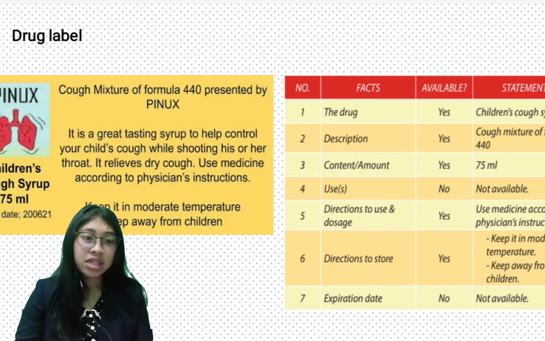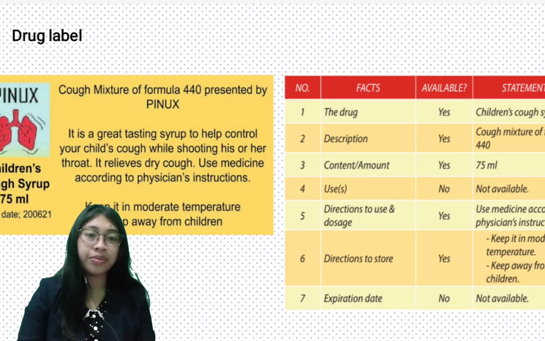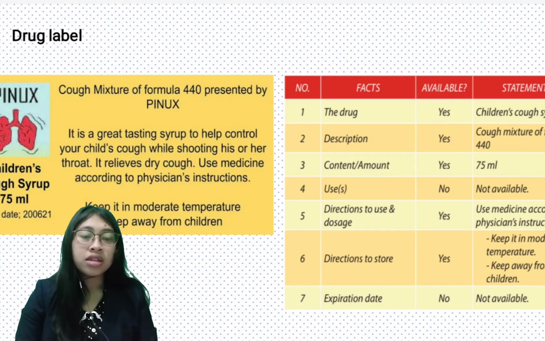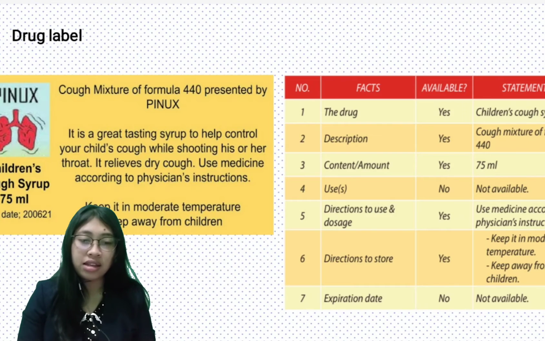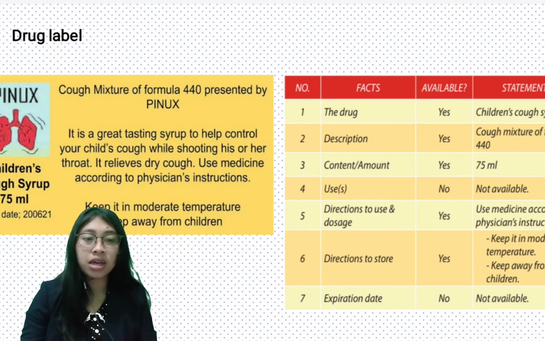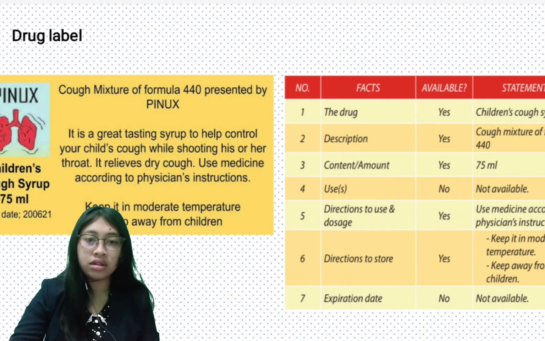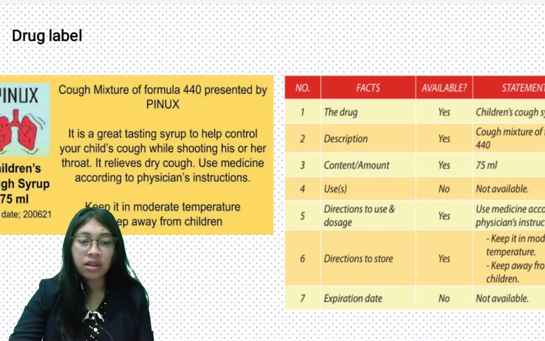So now let's discuss the drug label. See the picture in your book or in the presentation in the front of the class. There is a label of a drug. You can see the facts on the right side of it.